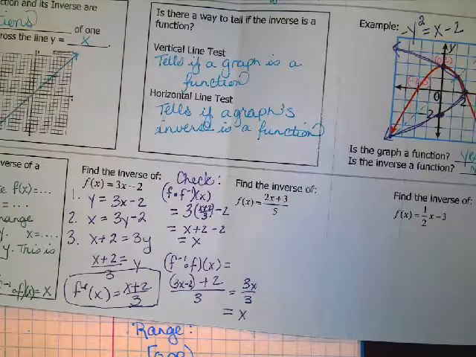Now when I drop the parentheses, since I don't need them anyway, I have 3x minus 2 plus 2, which is just 3x over 3, so that equals x. So this is indeed the correct answer, and I've just checked it. That's the inverse.